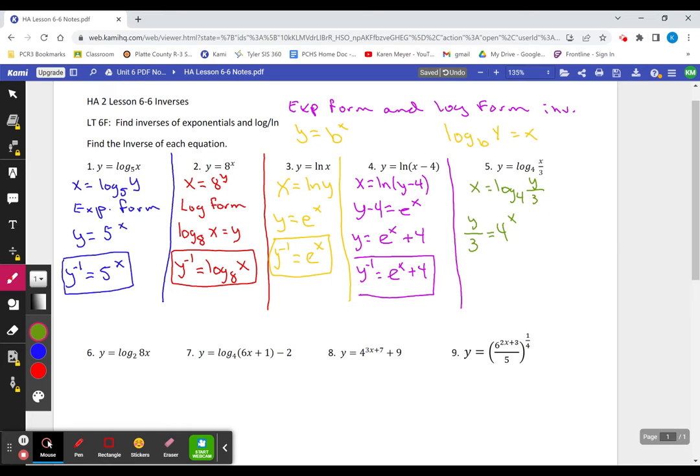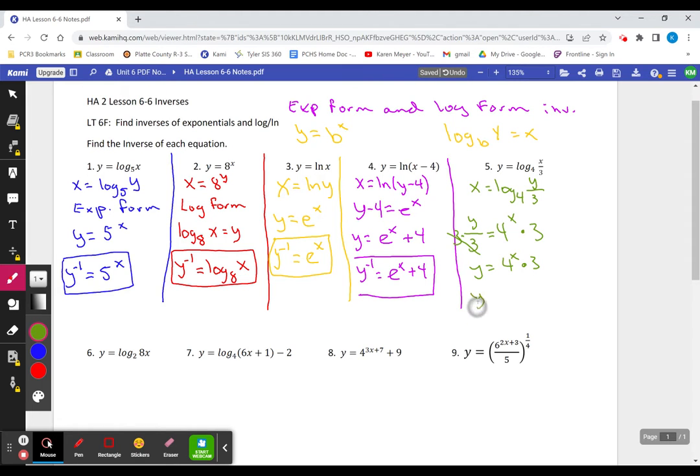Now, if I want to get y by itself, to get rid of dividing by 3, we have to multiply by 3. So then I get y equals 4 raised to the x times 3.